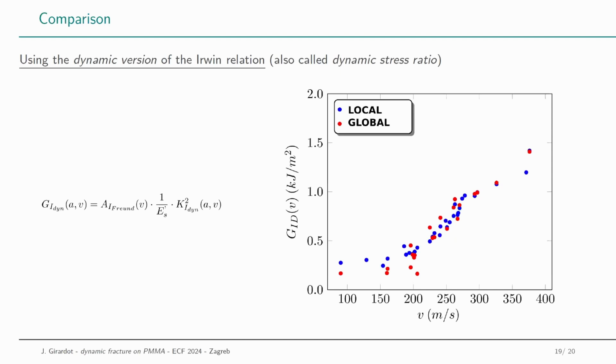And we see that this relation between J and K is working very well in our case. And to our knowledge, it was kind of the first attempt to validate this function that I do not enter into the details of, but which comes only from the work of Freund in 1950, and that proposed this dynamic correction.